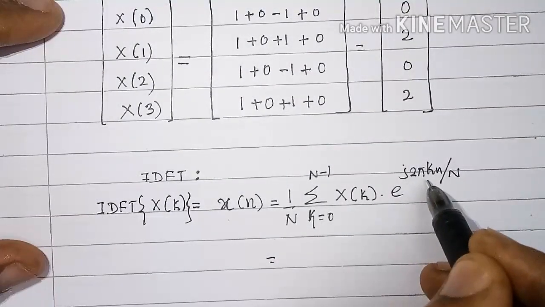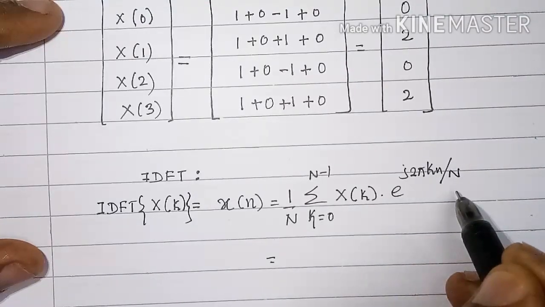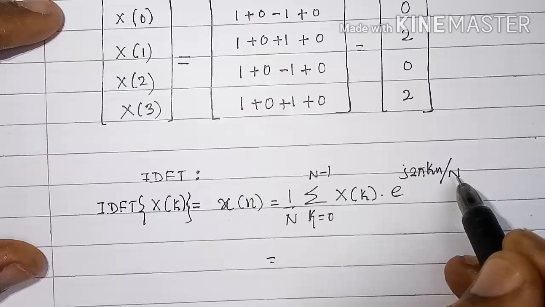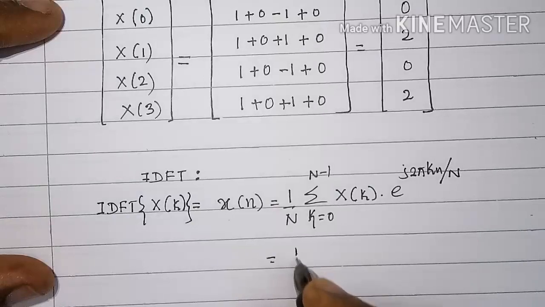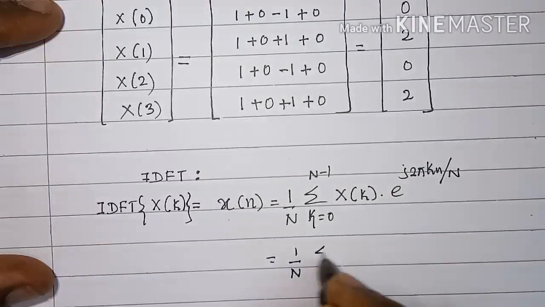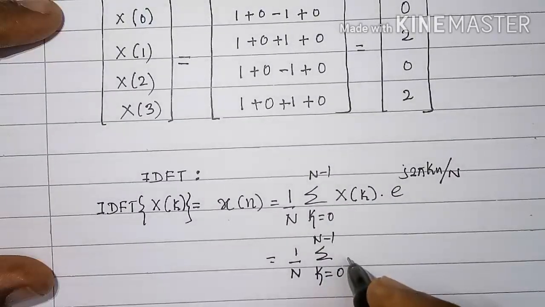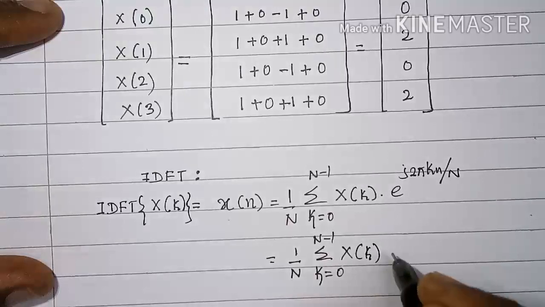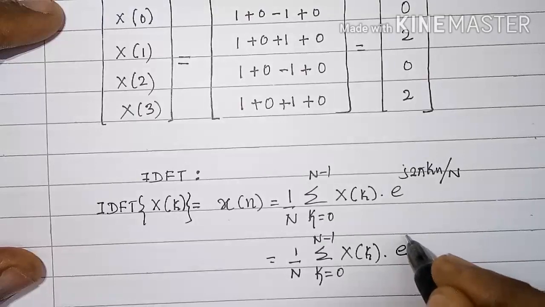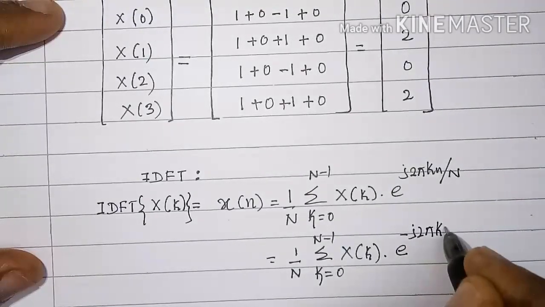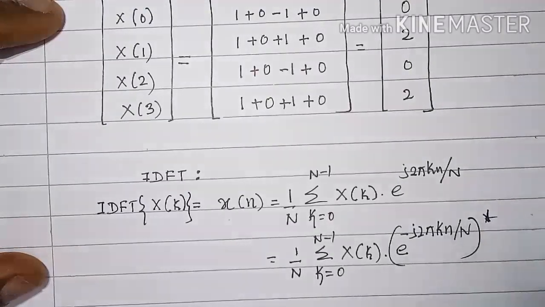But what is e raised to j 2 pi kn by N? It is nothing but the complex conjugate of e raised to minus j 2 pi kn by N. So you can write this as 1 by N summation k equal to 0 to N minus 1, X of k into e raised to minus j 2 pi kn upon N, complex conjugate.